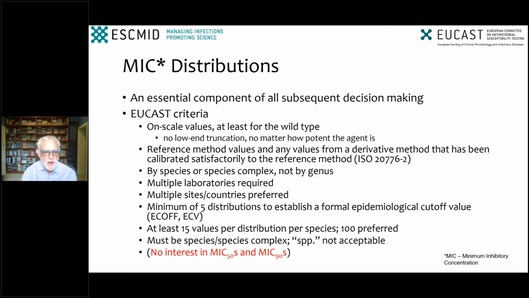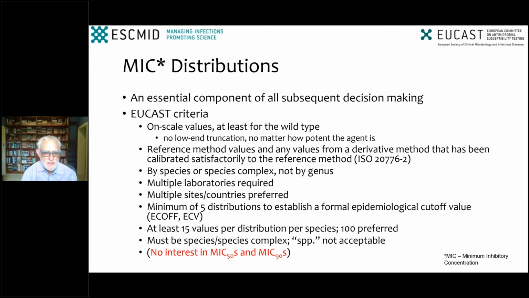EUCAST also requires data by species. Please don't send MIC distributions for coagulase-negative staphylococci. That doesn't help anybody because we're quite sure that Staphylococcus haemolyticus and Staphylococcus aureus will have different distributions. In terms of EUCAST criteria, we require multiple labs, multiple sites and countries.